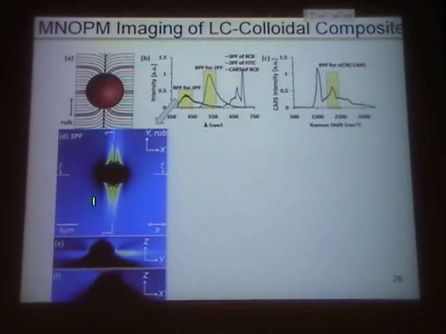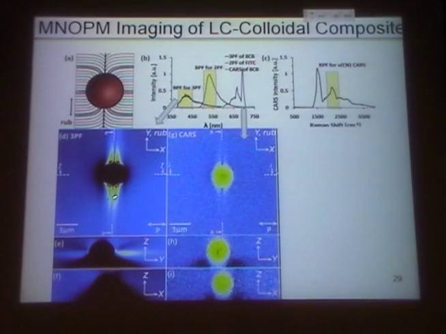So here you can see images of the very same part of the sample with a colloidal particle in it, and the distorted director structure and layered structure depicted here. In this case, visualized in three-photon self-fluorescence mode. No dyes used, the fluorescence is coming from the HCB molecules themselves.